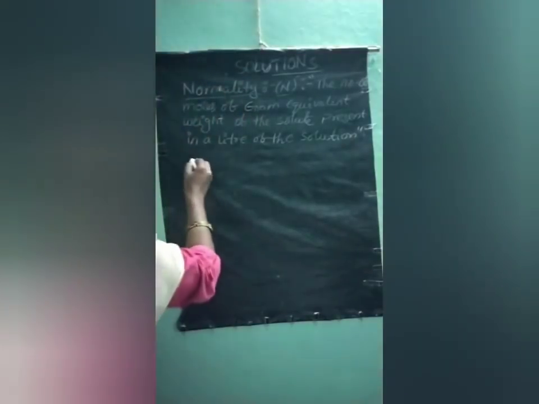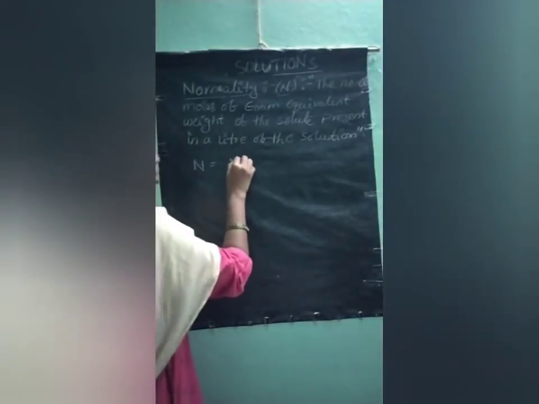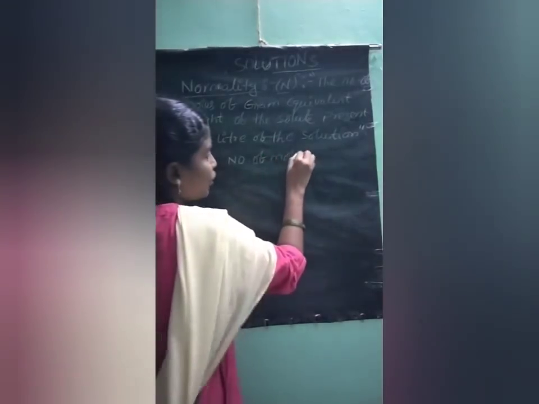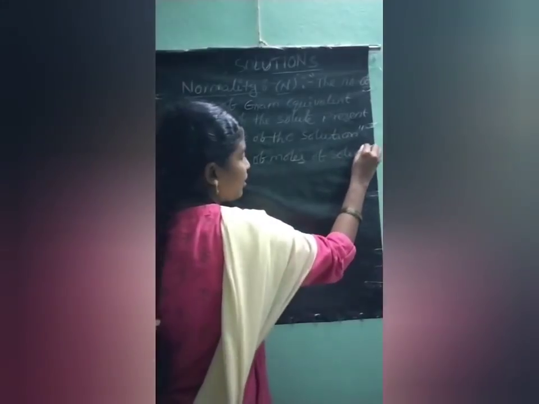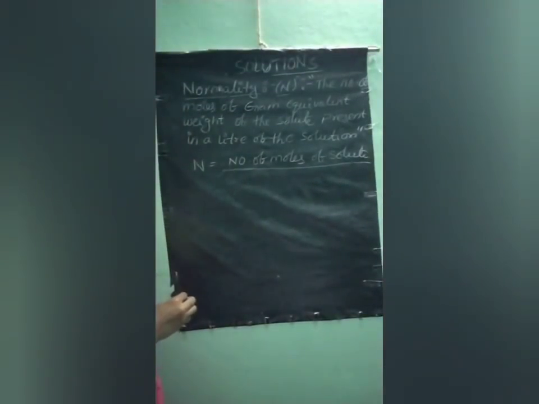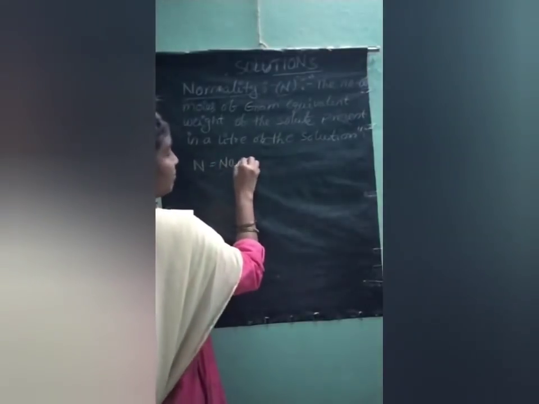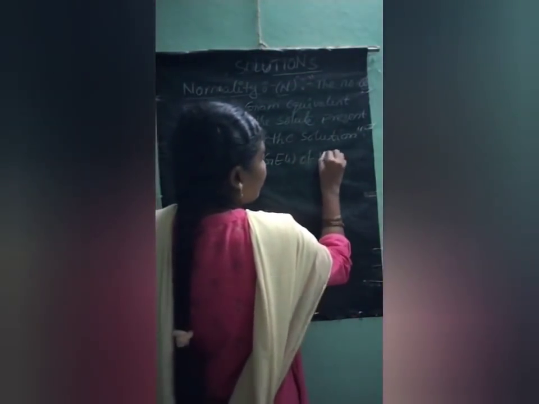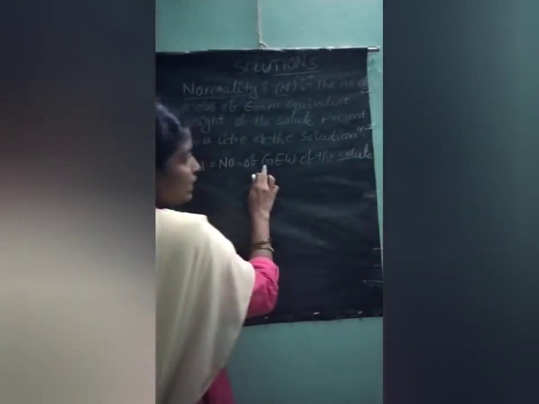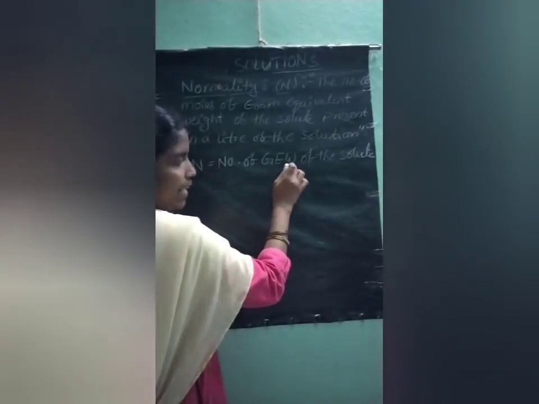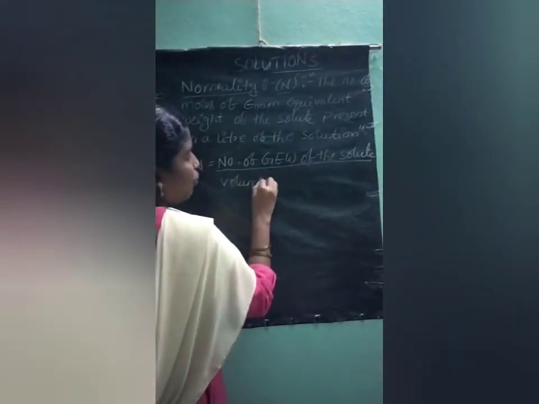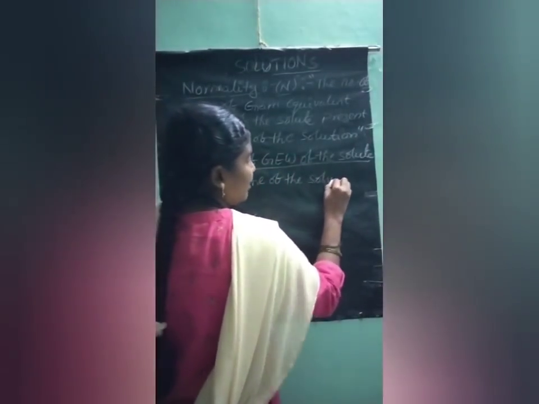So normality N is equal to the number of gram equivalent weights of the solute divided by the volume of the solution in liters.